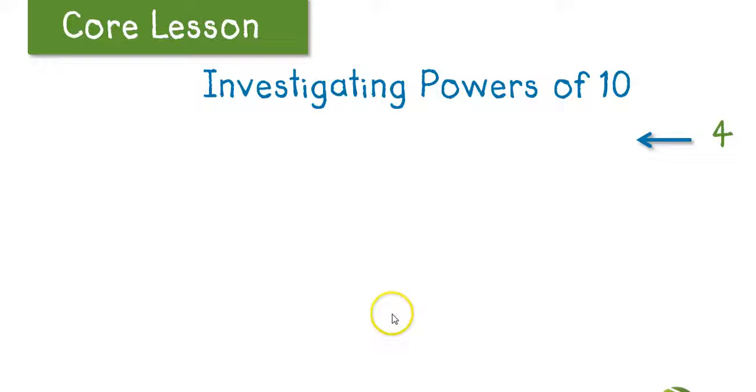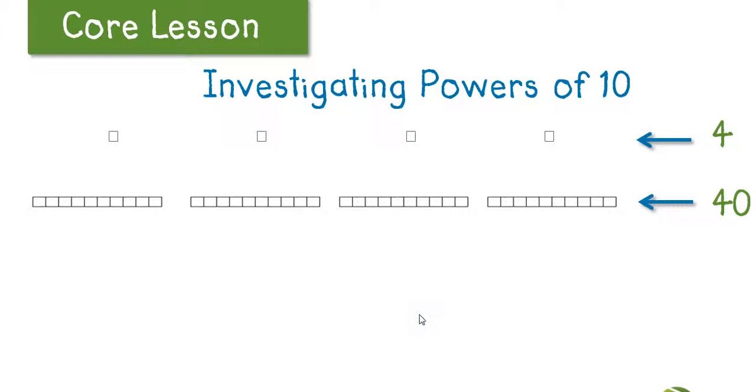If we have, for instance, the number 4, and we represent it with 4 blocks, and we multiply those 4 blocks times 10, we now have 40 blocks, because each row is going to have 10 in it, so 4 times 10 is 40. If we take those and multiply those times 10, we're going to end up with 400 blocks.